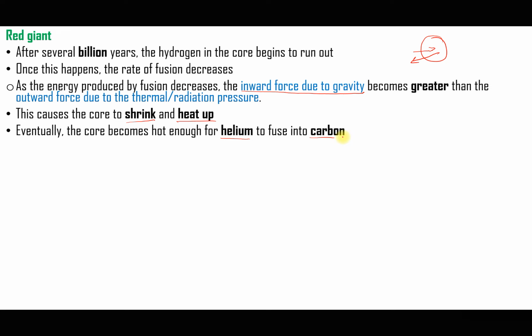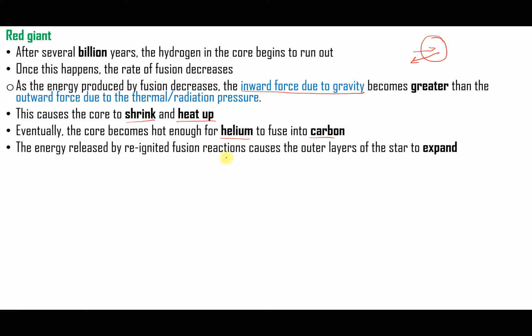So the core becomes extremely hot, and the helium, which had been formed previously during the stable stage, is now going to fuse into other elements such as carbon. The energy released by the reignited fusion reactions of the helium causes the outer layers of the star to expand.